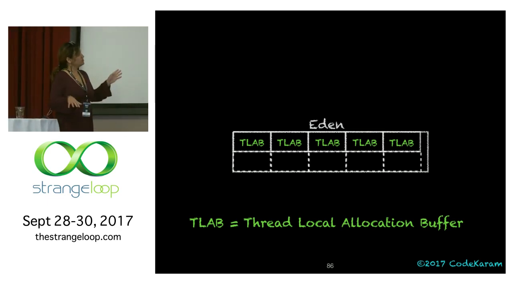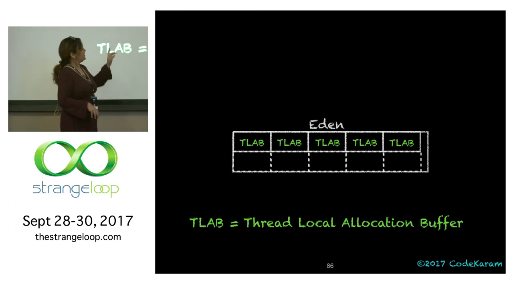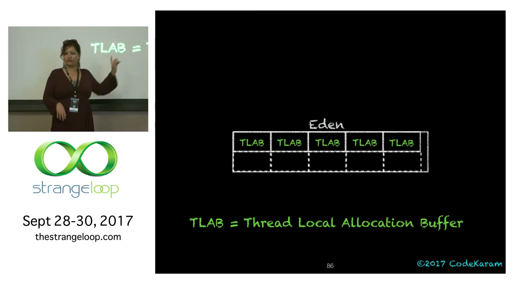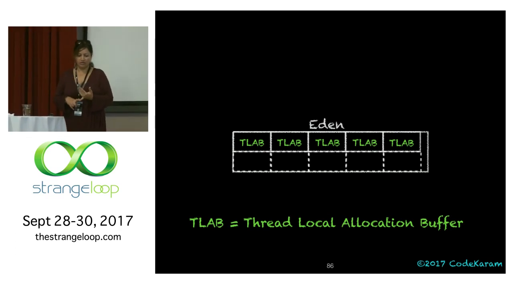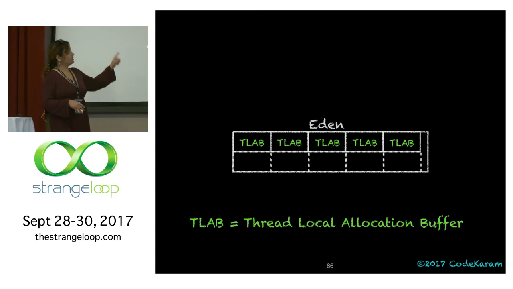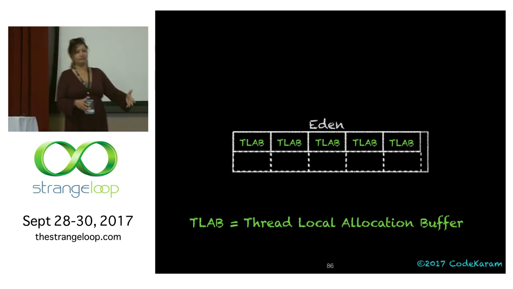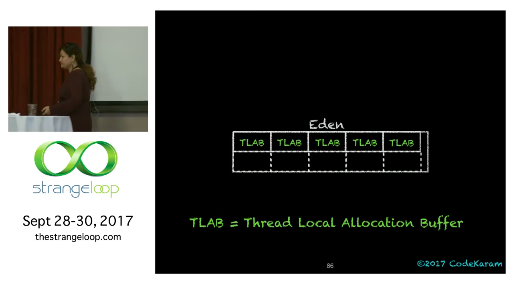So your Eden space is divided into these allocation buffers, based on the number of threads. They will be sized based on the allocation patterns of your thread. And the number per thread also depends on how fast a thread is consuming them, okay?